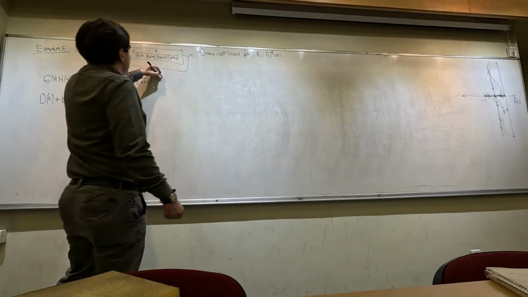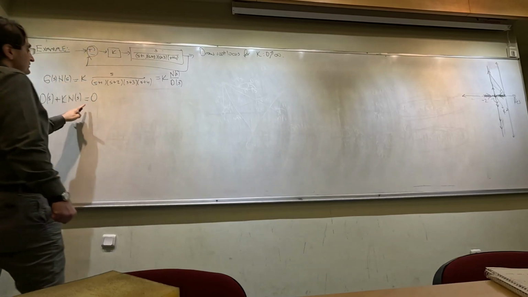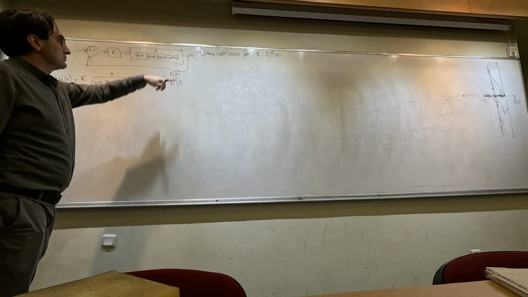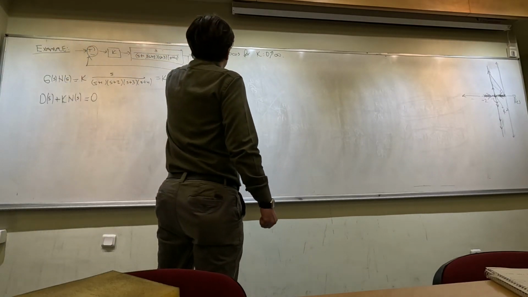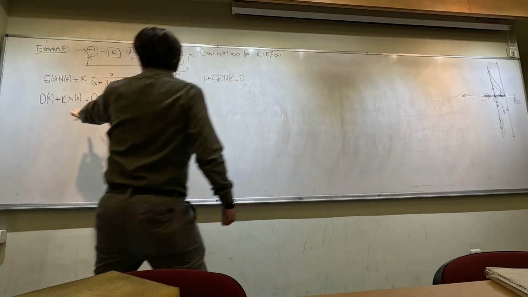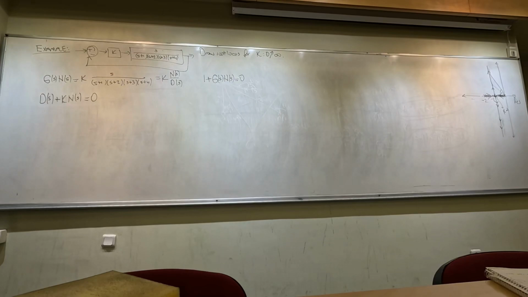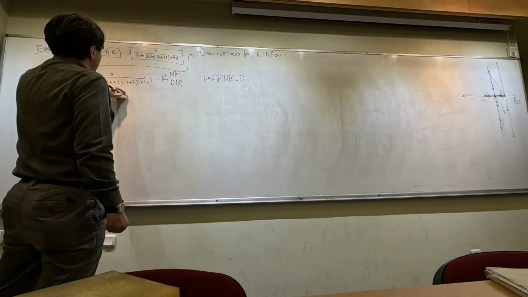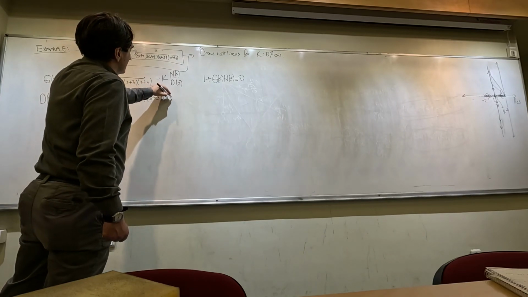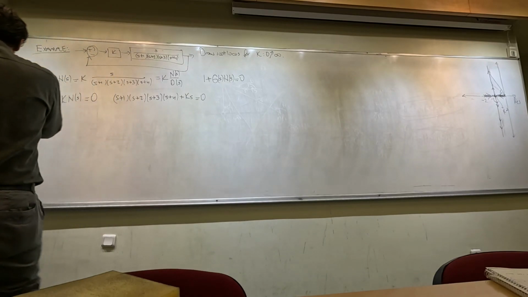So this is k times n of s over d of s. And my characteristic polynomial is 1 plus k, this thing. Okay? So I have 1 plus g of s, h of s is equal to 0, but it gives me just this characteristic polynomial. Okay? And this thing is s plus 1, s plus 2, s plus 3, s plus 4 plus ks is equal to 0. Okay?